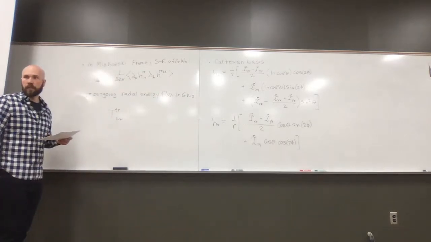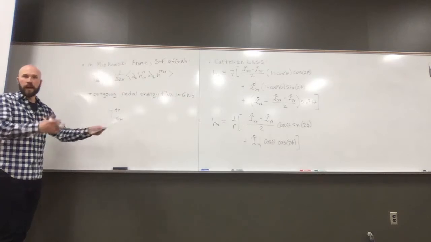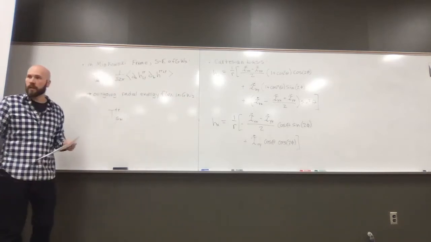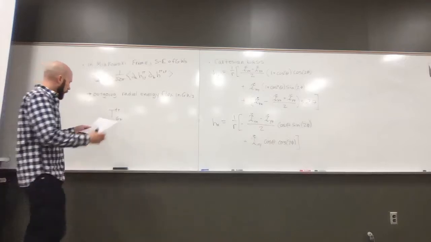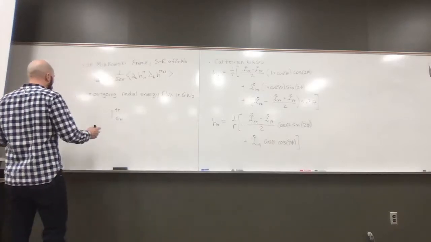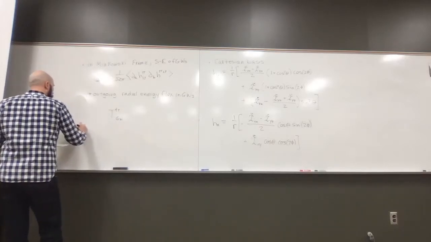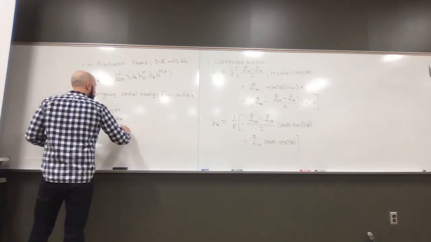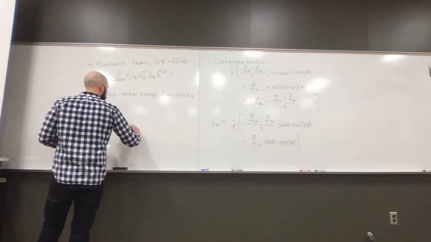We did that for matter, right? If you want to look at the energy flux for matter. Time component, radial component. So this is the energy flux in gravitational waves moving in the radial direction. All right? And from that, we can derive a gravitational wave luminosity. That's just energy per time. Luminosity.